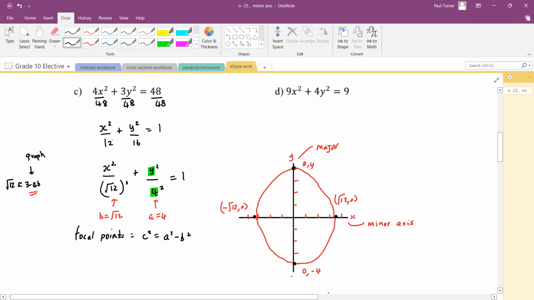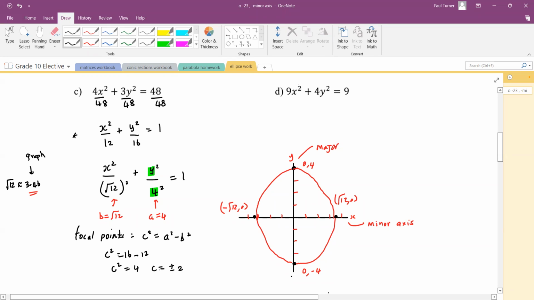And we know a and b from this standard form up here. So c squared is 16 minus 12. So c squared is 4. So c will be plus or minus 2.